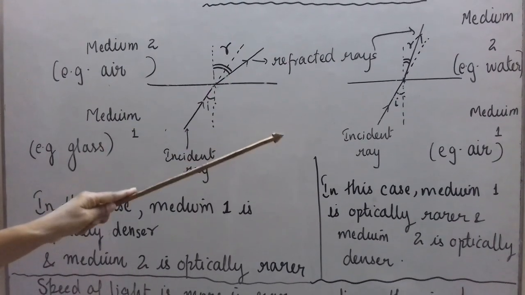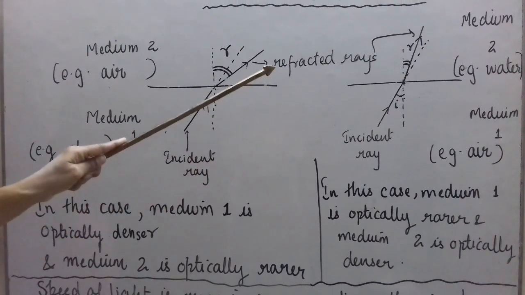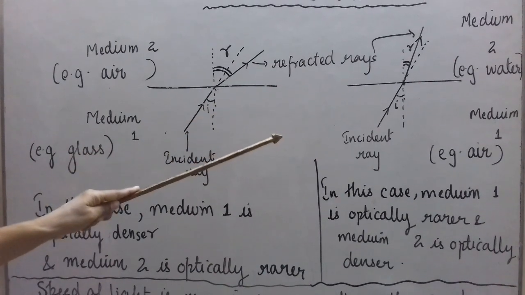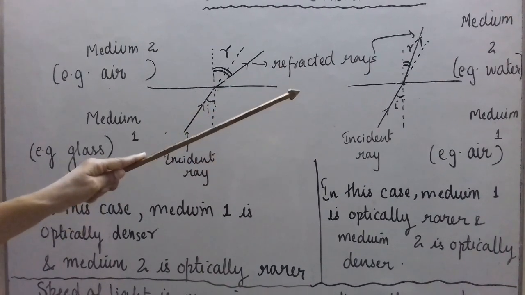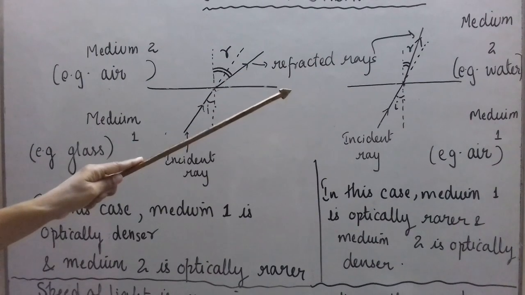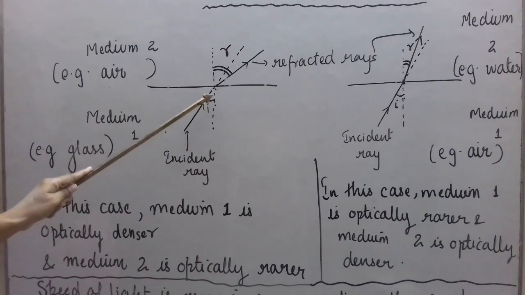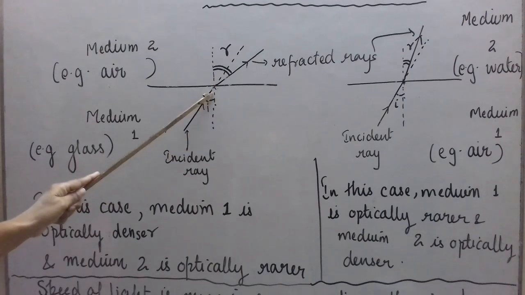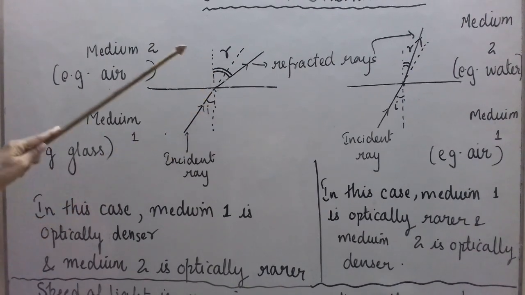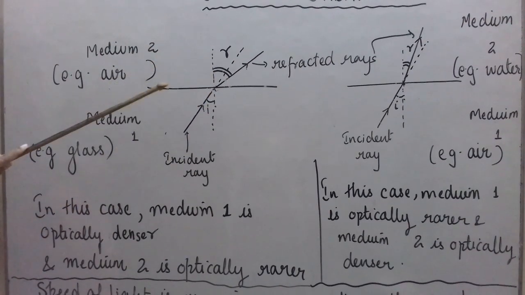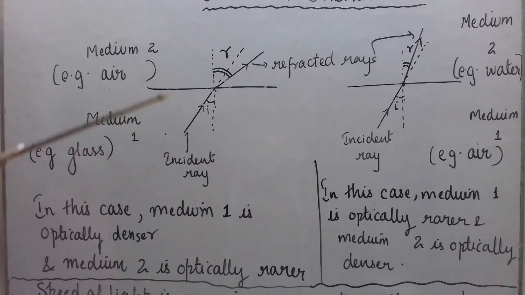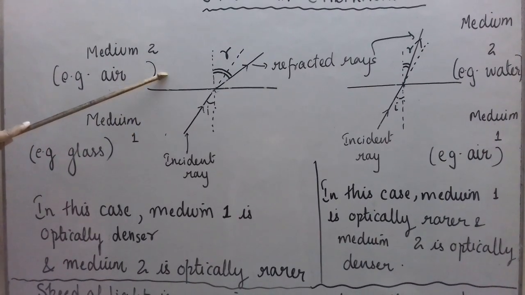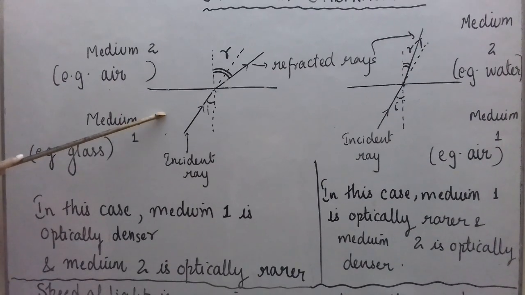When light travels from one medium into another and its speed reduces, then it bends towards the normal. So whether it is going to bend away from the normal or towards the normal depends upon the speed of light in one medium in comparison to the speed of light in the other medium.